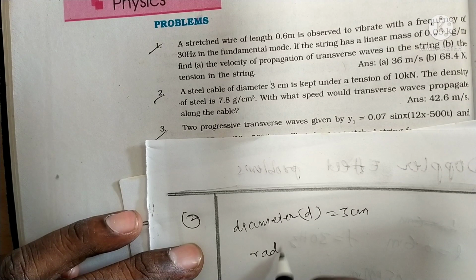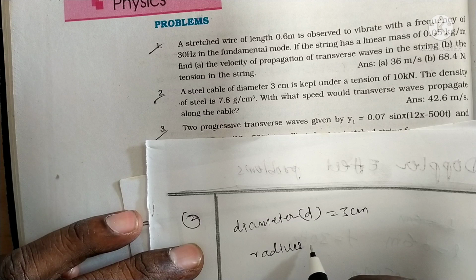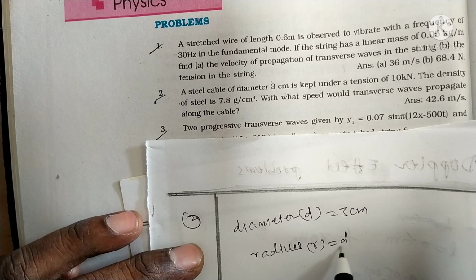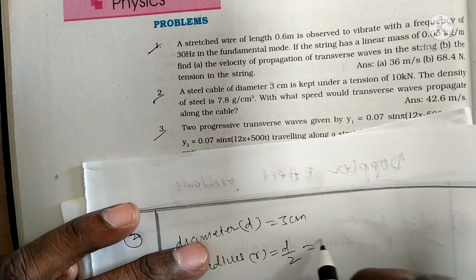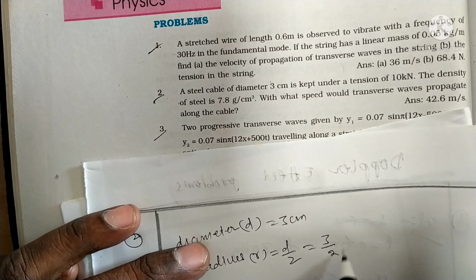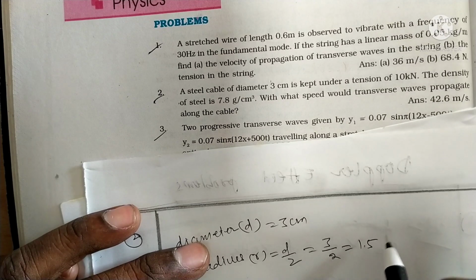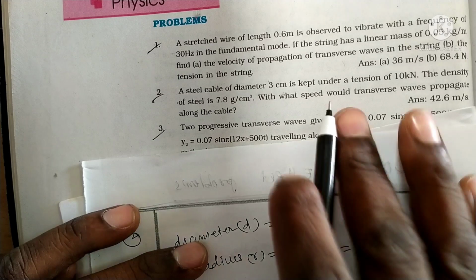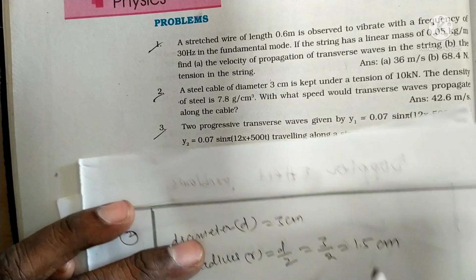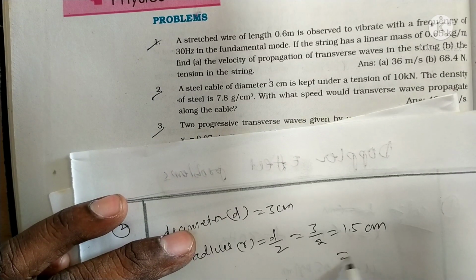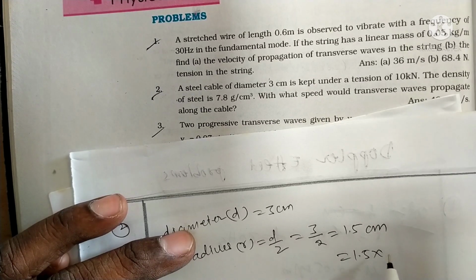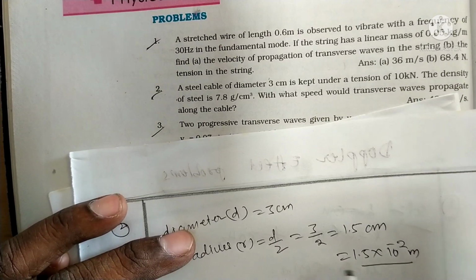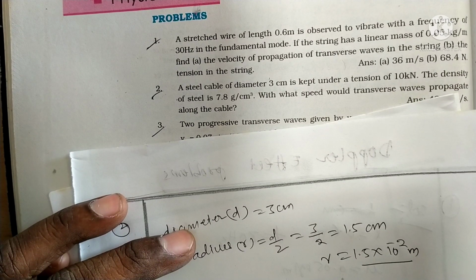The radius of the wire, r, is equal to d by 2, that means 3 by 2, 1.5 centimeter. Converting centimeters into meters, that is 1.5 into 10 to the power of minus 2 meters. It is the radius of the string.